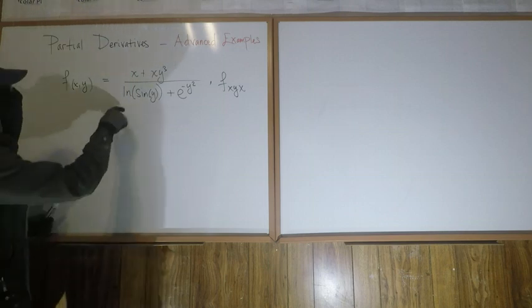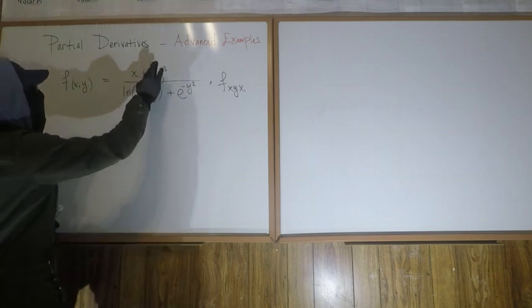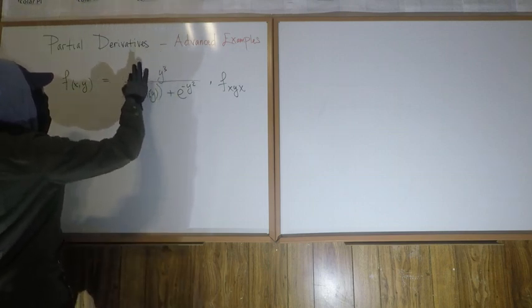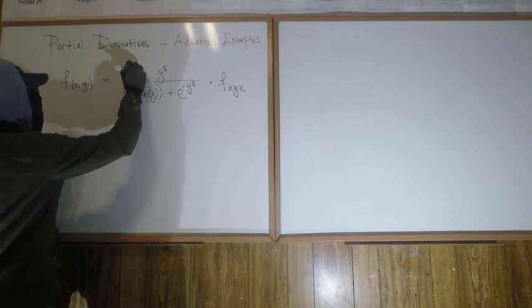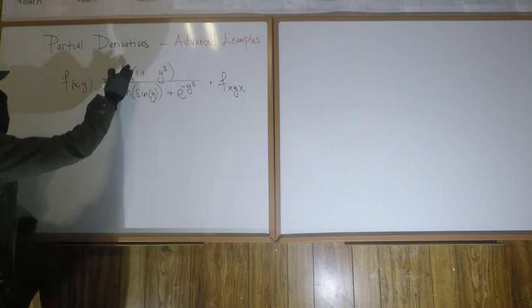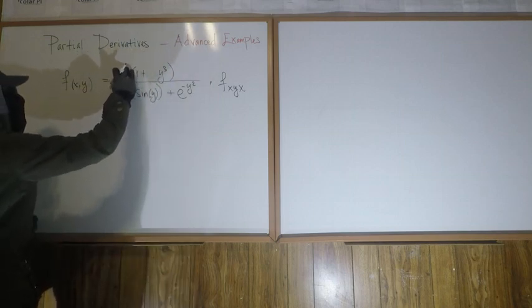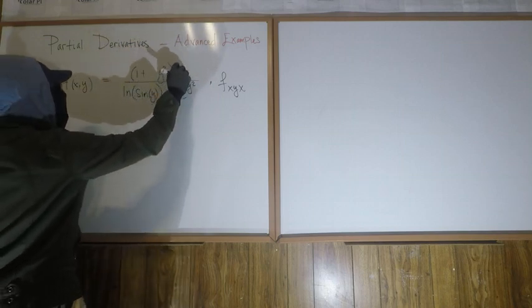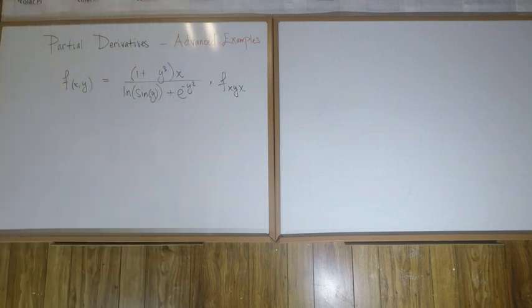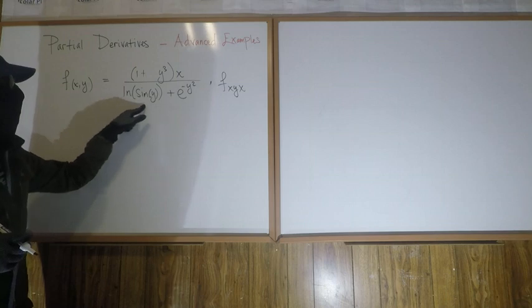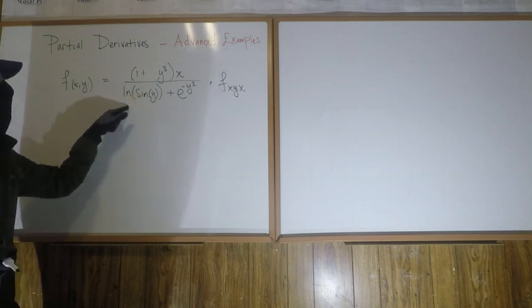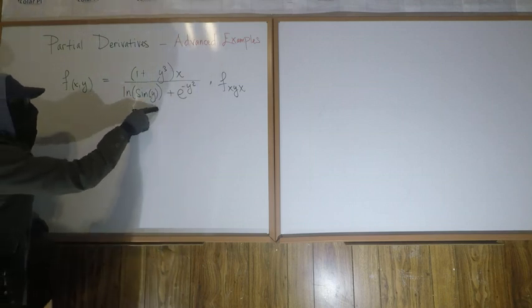If you look in the numerator, notice that we can factor out an x. So we've got x times 1 plus y cubed. Let me write the x right here. When we're considering partials with respect to x, this is a constant, because it says the natural log of sine of y.